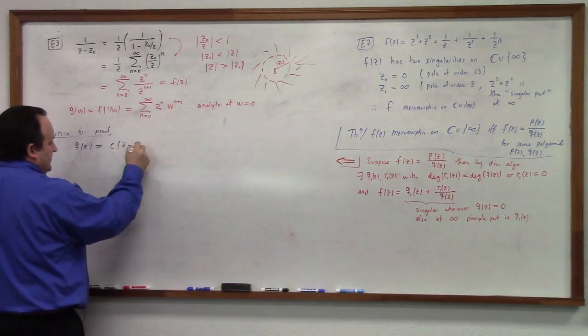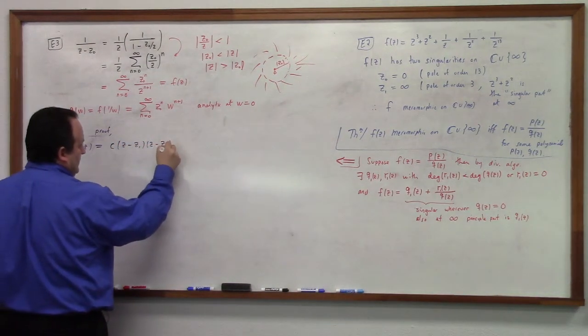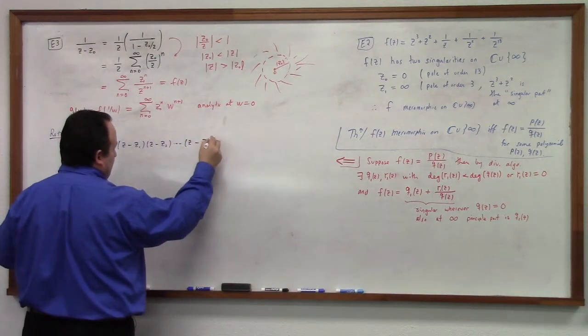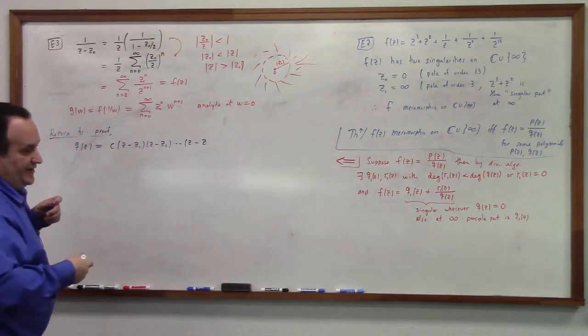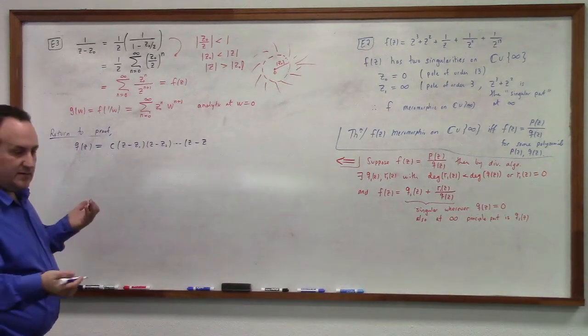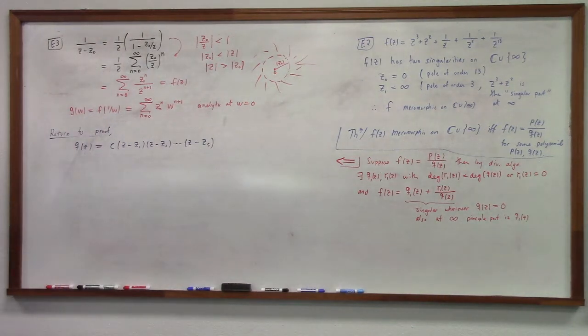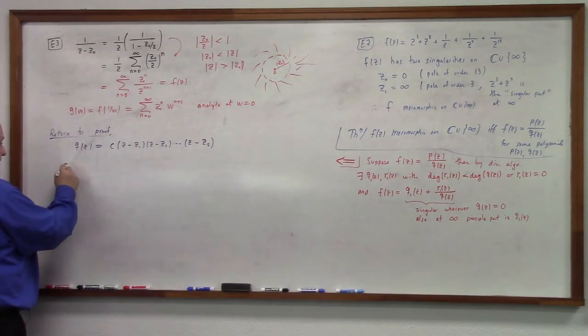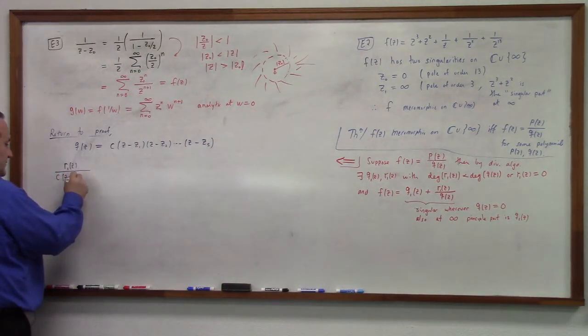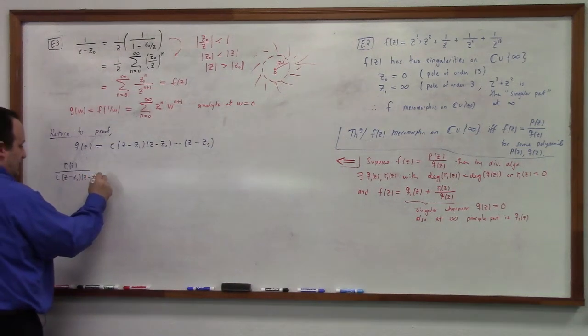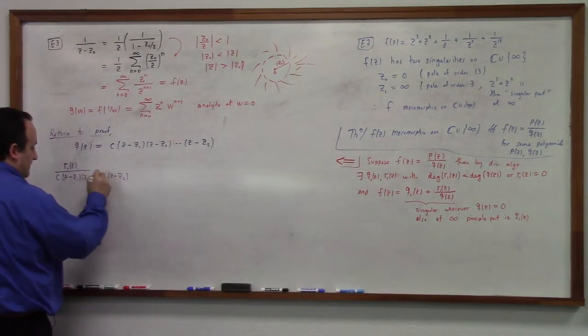And then you've got z minus z1, z minus z2, up to z minus z, let's say, what order do you want the denominator to have? It doesn't really matter. Let's say it has order s. I know that we can factor Q like this. And so we've got r1 of z divided by a constant times z minus z1, z minus z2, up to z minus zs.